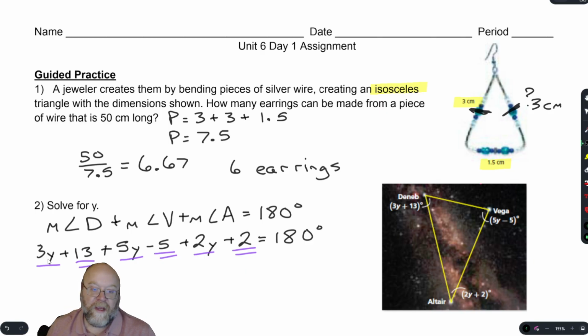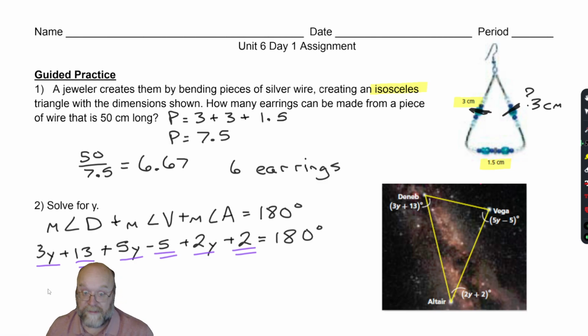If I had three apples and 13 oranges, would I have 16 oranges? No, they'd be separate. So that's how you treat the y's and the numbers. So let's combine our like terms. I got 3y's, 5y's, 2y's. That's 10 whole y's. Plus, I got 13 minus 5 plus 2. That's 10.